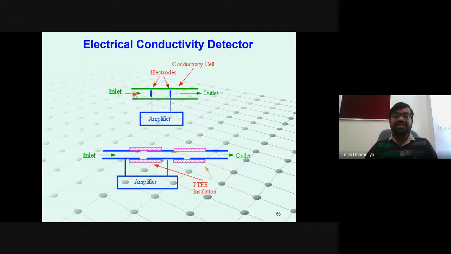Basically, they will convert a small scale detection device to a larger scale detection device. Right? So it shall pass through this inlet, and there is certain PTFE, polytetrafluoroethylene insulation, and once it passes through this amplifier, it senses.